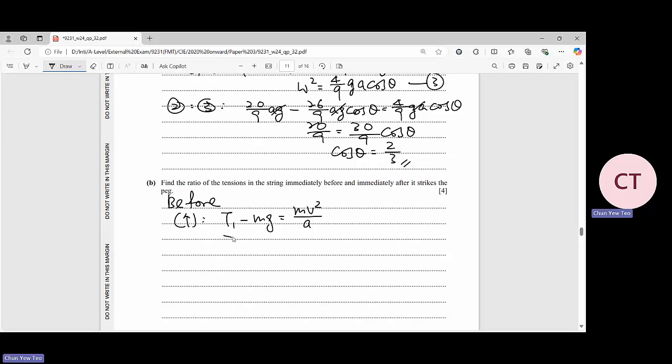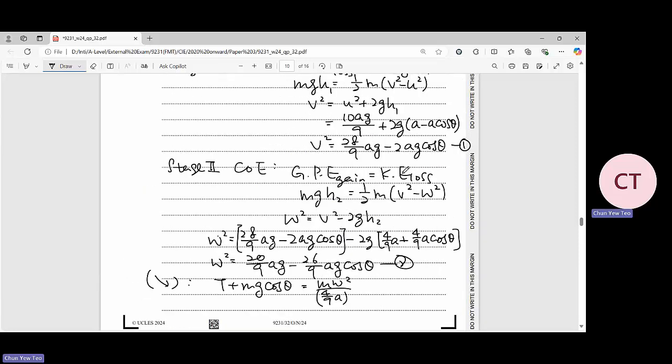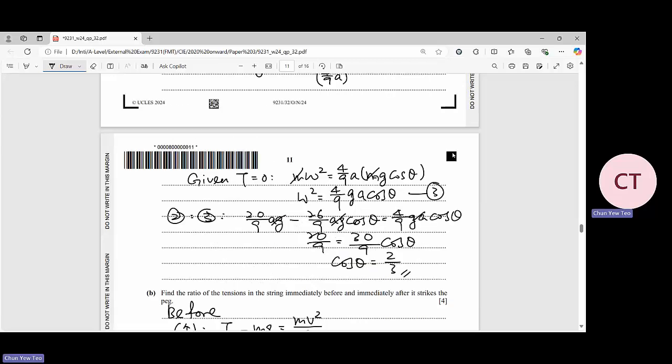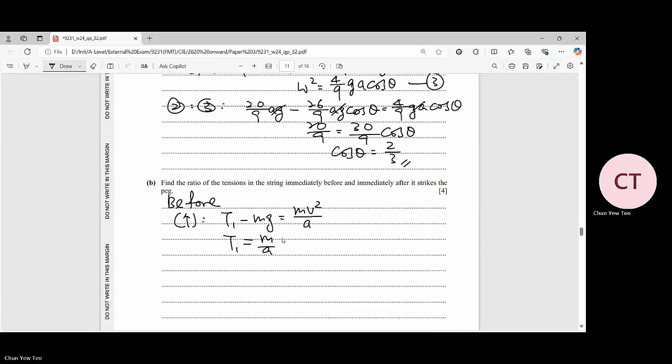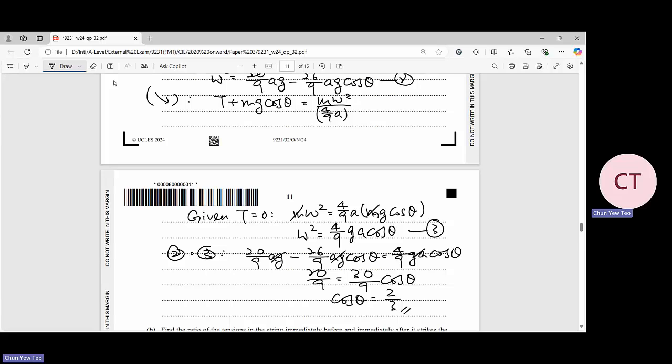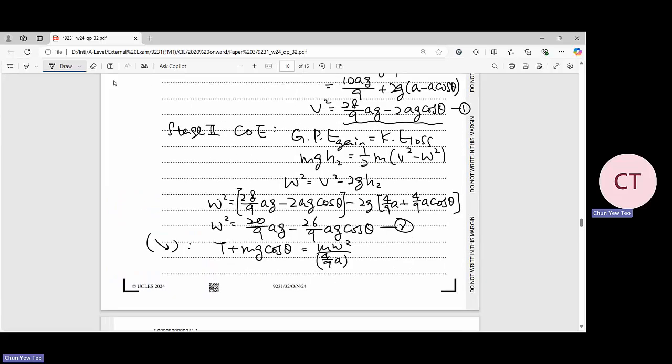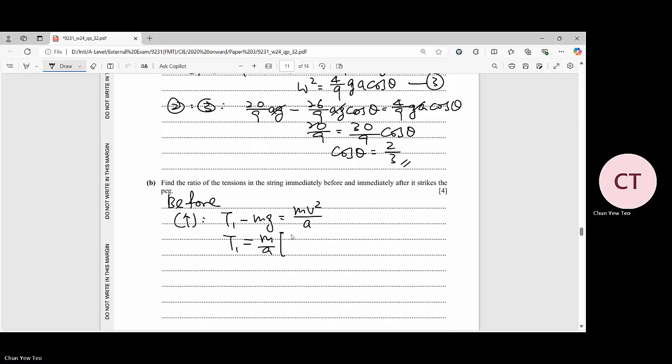So your T1 is equal to m over a times v squared, plus mg. My v squared is over here: 28 over 9 ag minus 2 ag cos theta.